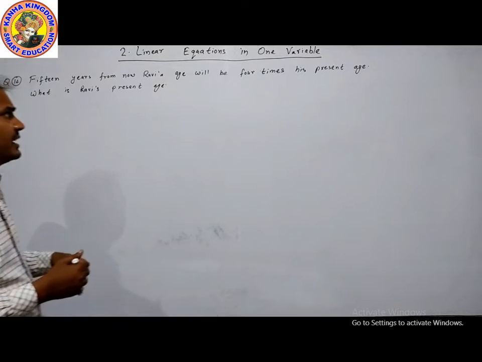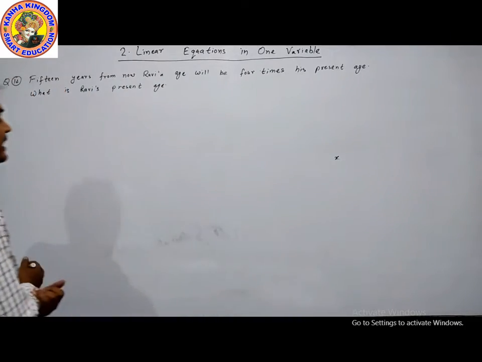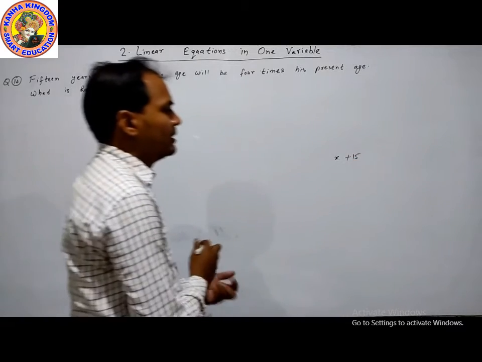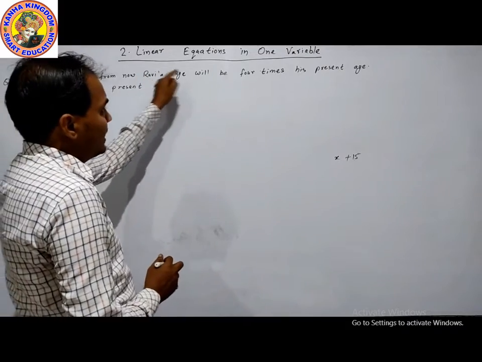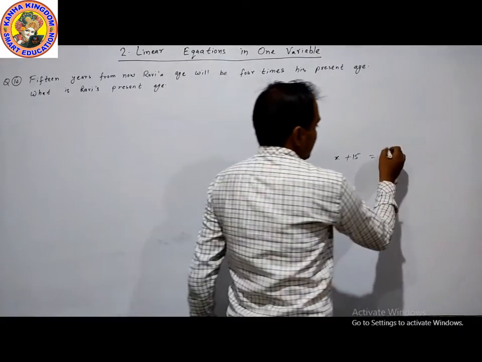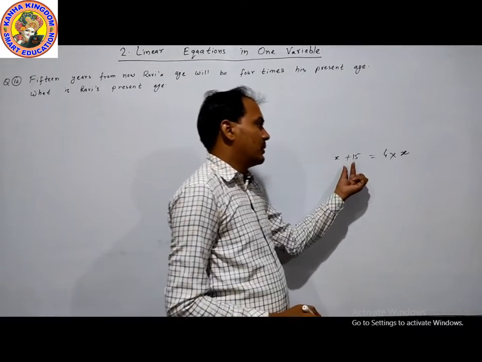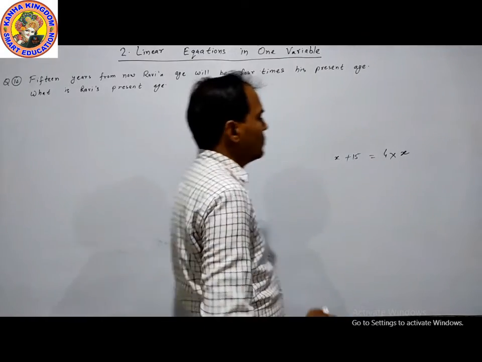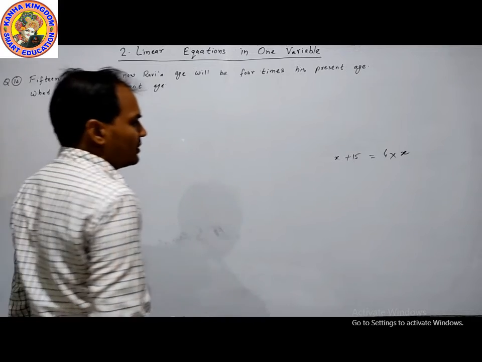Let us assume the present age of Ravi is x. 15 years from now, after 15 years the age will be x plus 15, but the question says that the age will be equal to 4 times his present age. 4 times x, so x plus 15 is equal to 4x. Find the value of x and the present age. This is our question.